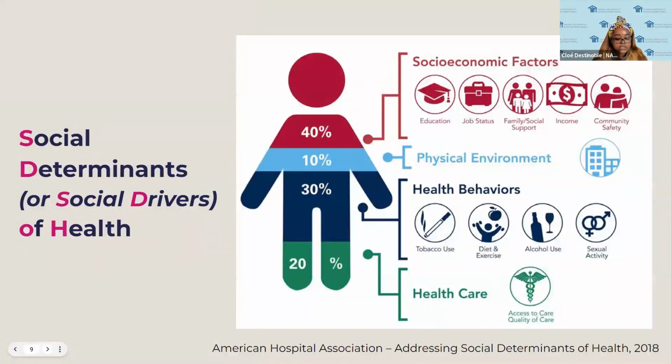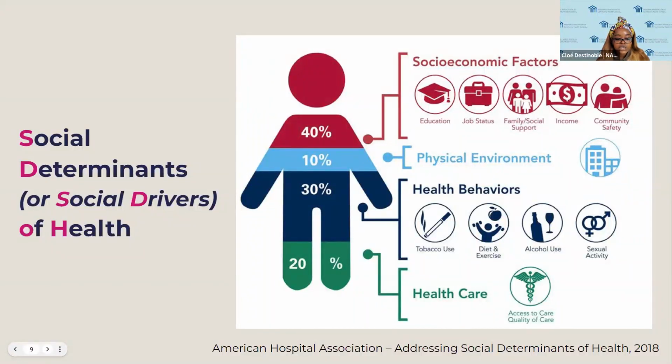There are several ways to spell out the acronym SDOH, but they all point to the same thing. These are non-medical factors that influence a person's health outcomes. These are the conditions in which people are born, grow, live, work, play, and age. These conditions are shaped by the distribution of money, power, and resources.